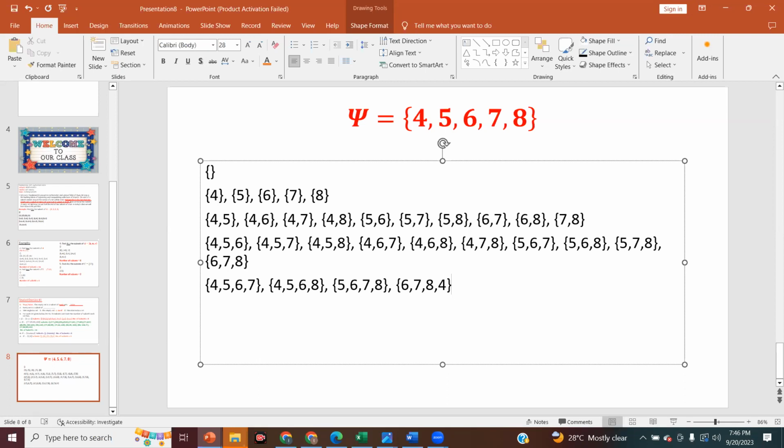We don't have that. And last but not least, it's going to be the set itself: 4, 5, 6, 7, 8.